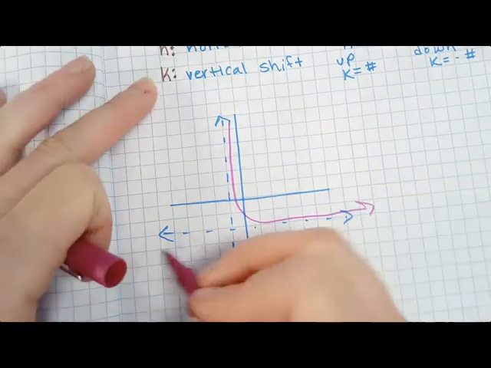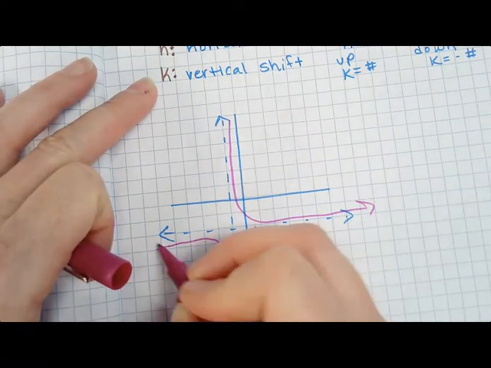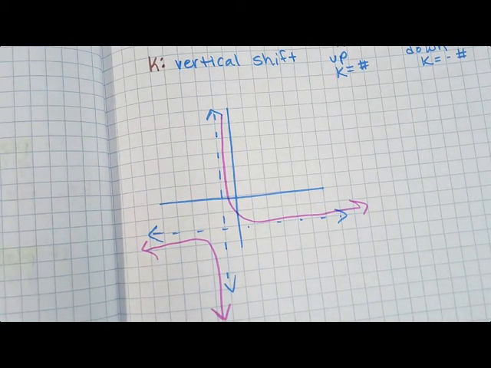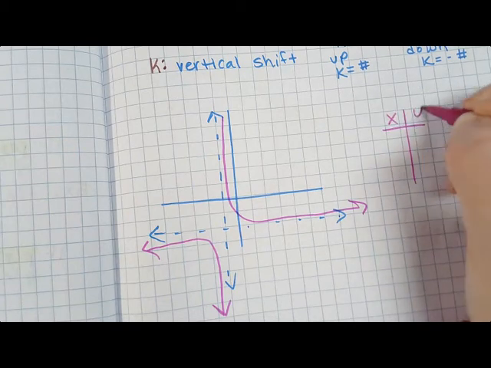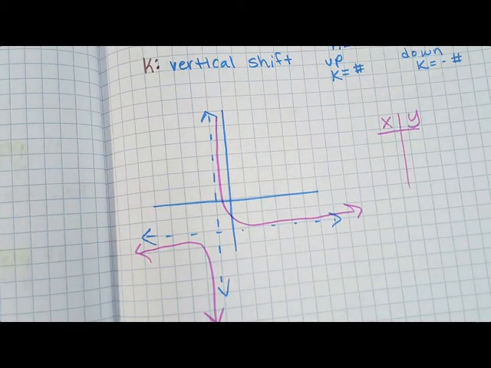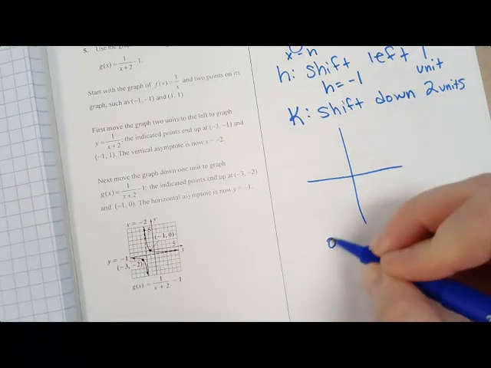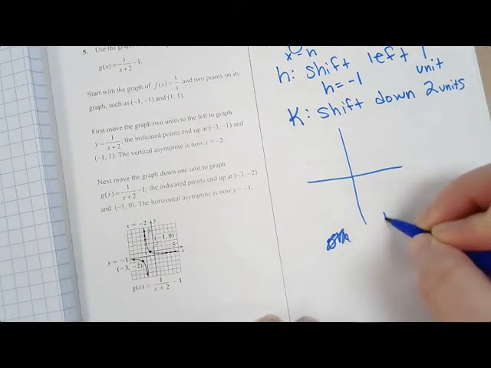Something like this. It's a rough graph. And you could find out for sure by plugging in x and y and filling out a table. Okay, so in comp book.